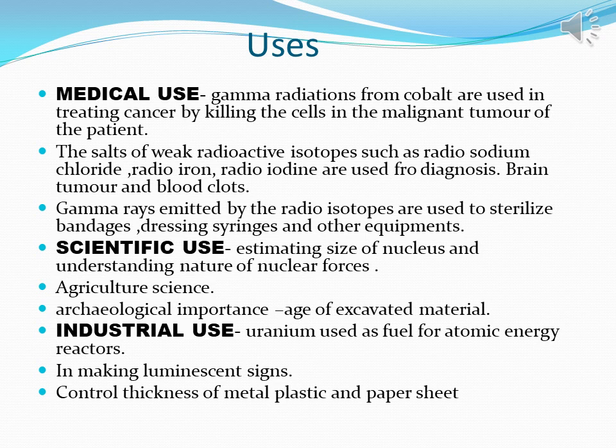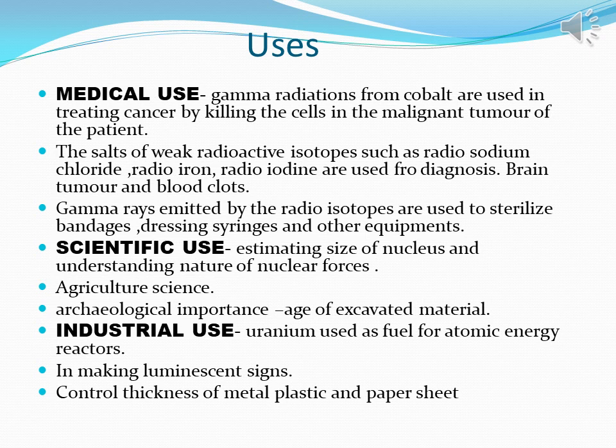The salts of weak radioactive isotopes such as radiosodium chloride, radioiron, and radioiodine are used for the diagnosis of brain tumors and blood clots. Gamma rays emitted by radioisotopes are used to sterilize bandages, dressings, syringes, and other equipment.